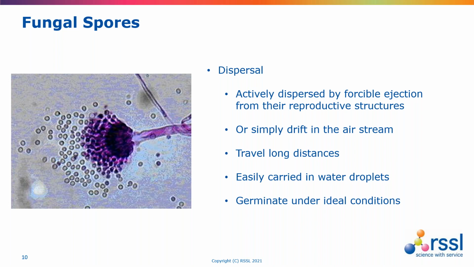The direction is going to be based partly on the force of dispersal and other vectors at play, such as air streams or water droplets. Then these dispersed spores, when they reach a surface, a substrate, will germinate if the conditions are optimal, or for a period of time they can wait and germinate later, or if they're Chlamydospores, they can last for a prolonged period of time.